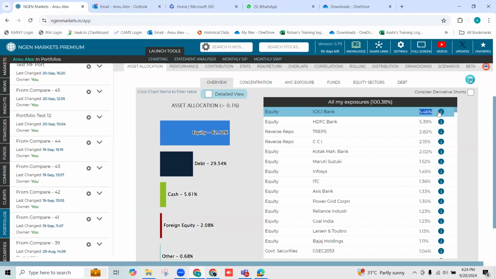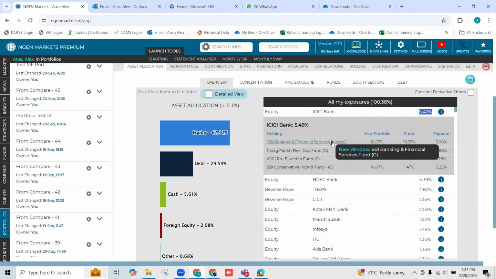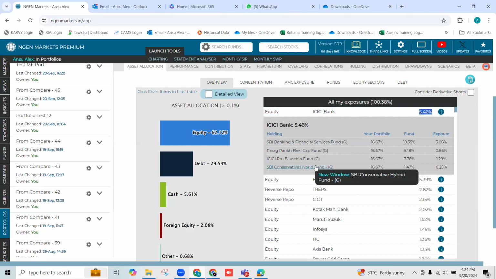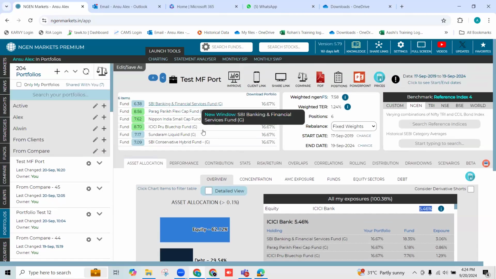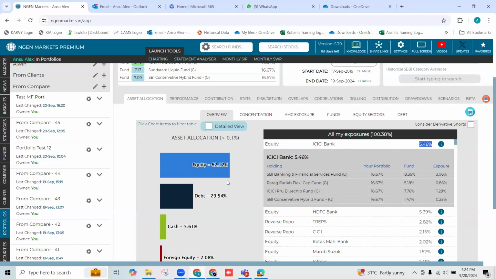We've also given the detail for the same. You click on this I button. So it says that there are these 4 schemes that are a part of my portfolio and they have ICICI Bank as a stock in their portfolio. That is the reason my portfolio as a whole is getting an exposure from this stock.